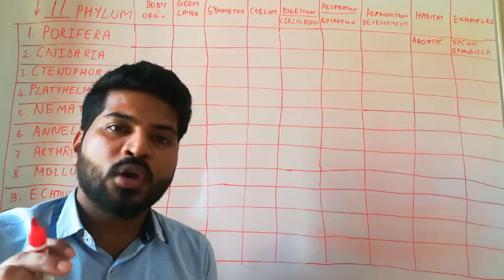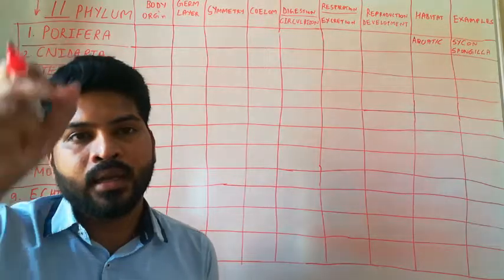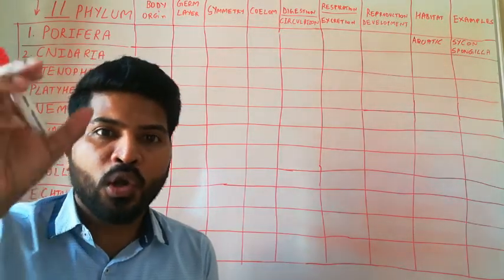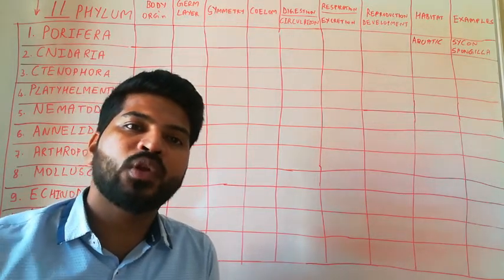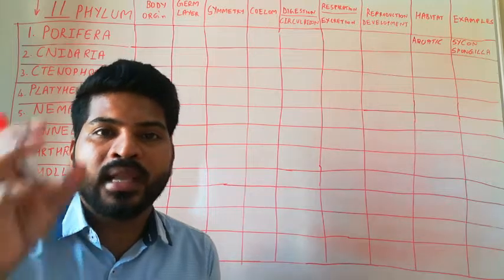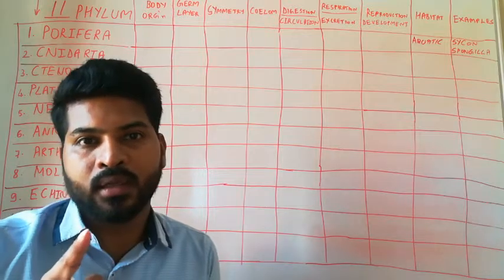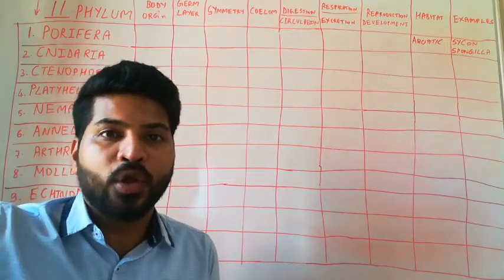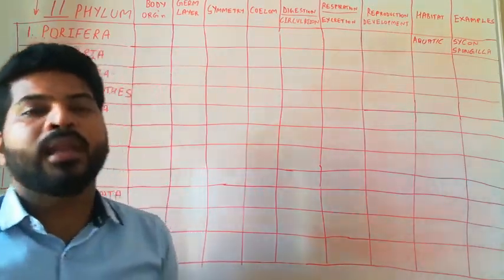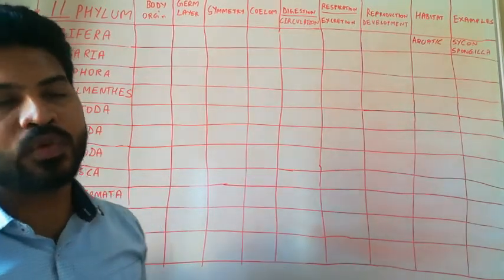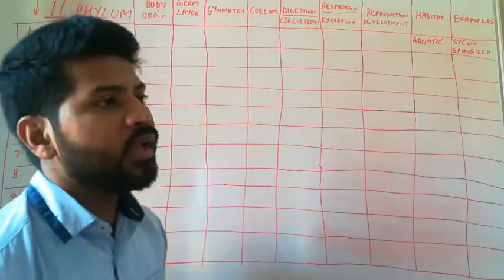Through these ostia, water enters into the body, and inside is a hollow cavity. Along with the water, food and minerals also enter. Digestion takes place in the hollow cavity, and there is only one opening through which water can get out. Water enters through the ostia and gets out through an opening called the osculum, which could be considered the mouth. So that is the body organization of Porifera.